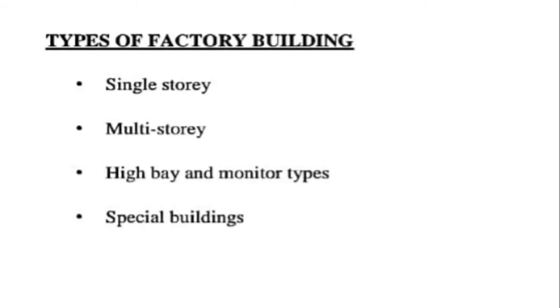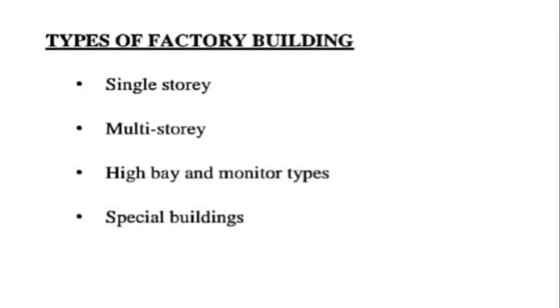suitable. Then more advantages: lower cost of heating and ventilation, reduced cost of materials handling because the advantage of gravity flow of materials can be availed, use of overhead storage, and it is well adapted to light manufacturing industries. These are all the various advantages of the multi-story.